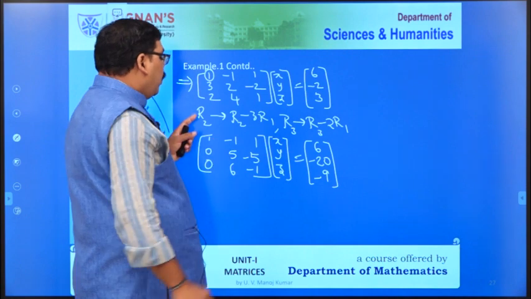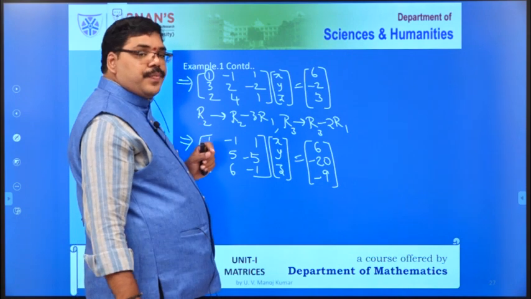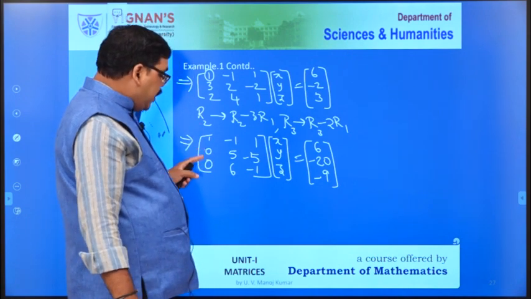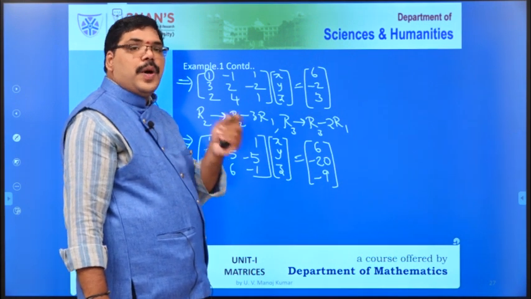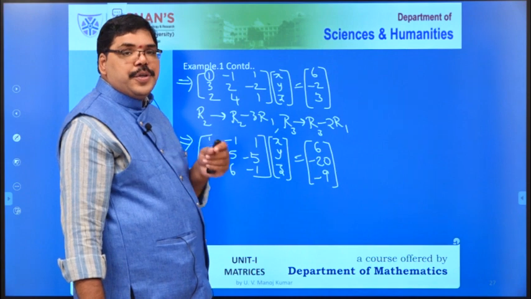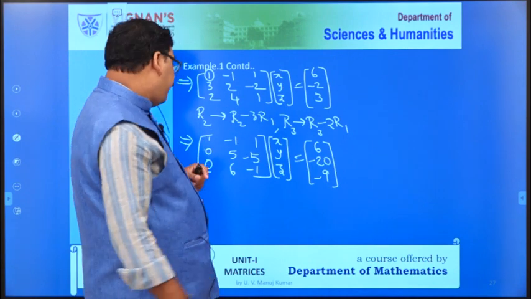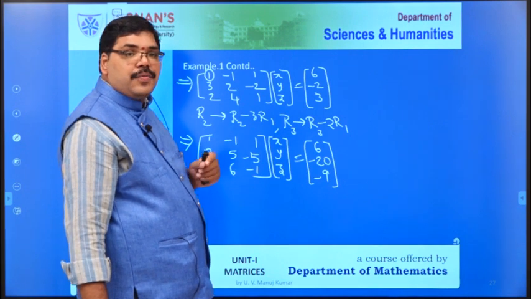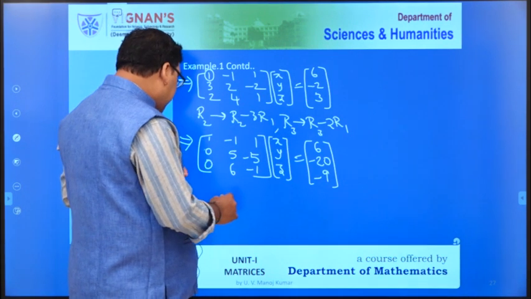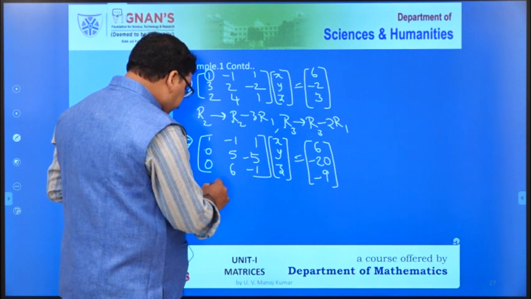So, using row operations, we reduced these two elements into zeros. We need to do one more row operation to reduce matrix A into echelon form. What is the row operation we have to apply?